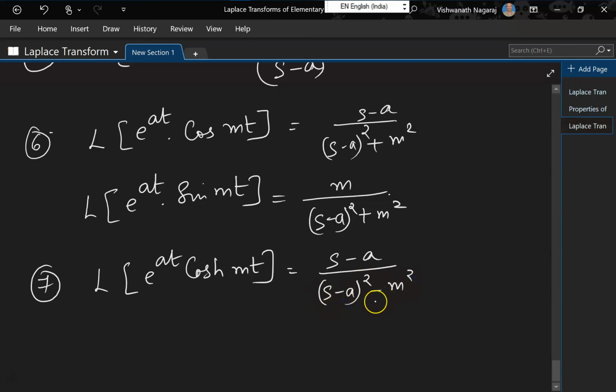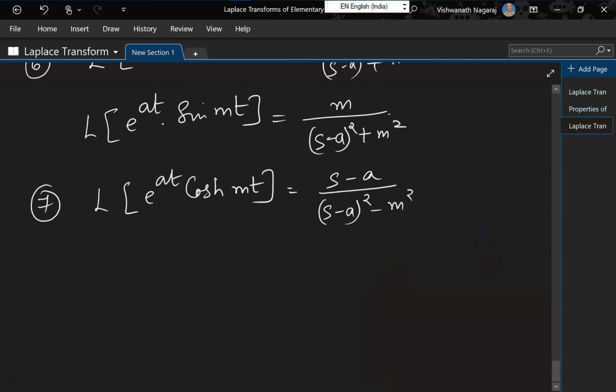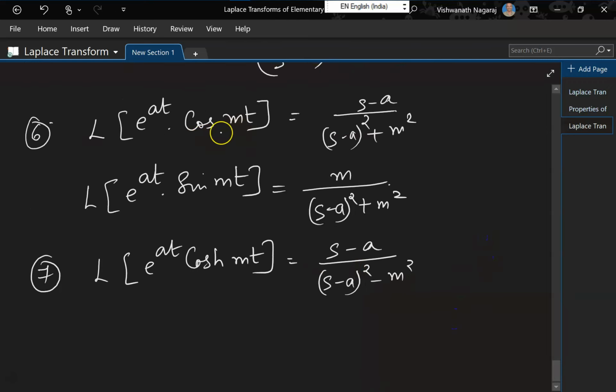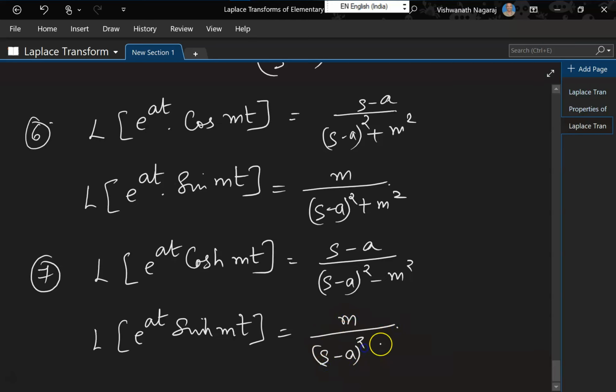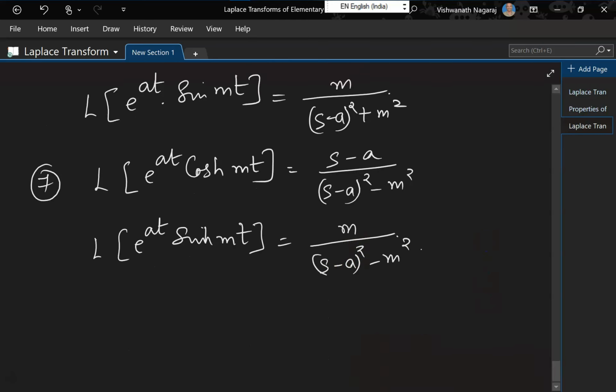This minus is the only difference from the sixth one. Similarly, Laplace transform of e to the power of at sinh mt is equal to, and here m by s minus a square instead of just s square, so s minus a square minus m square.